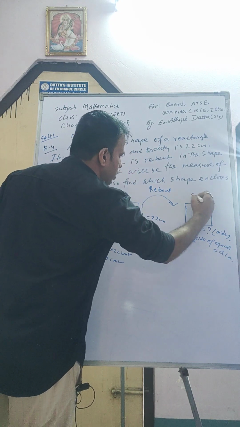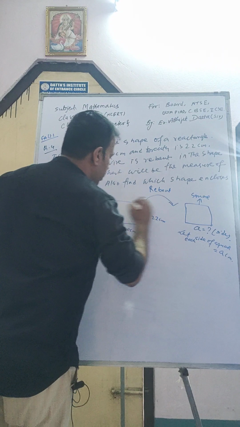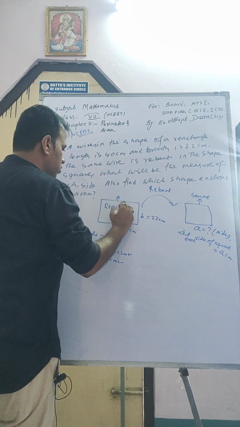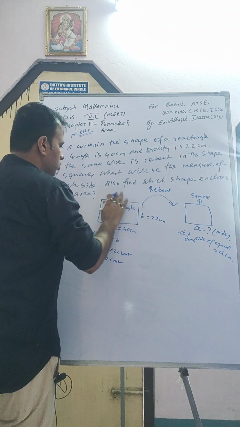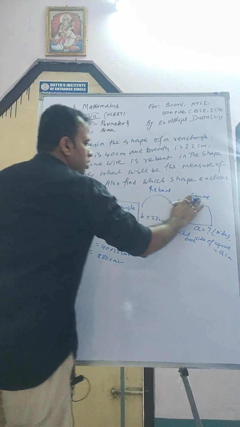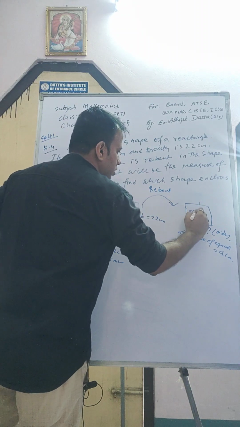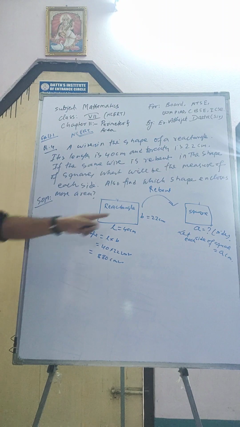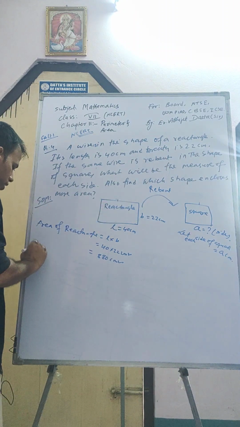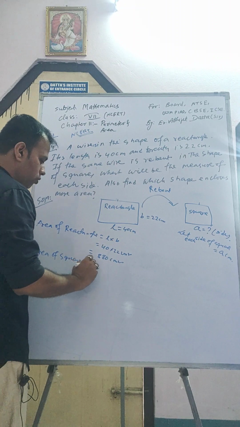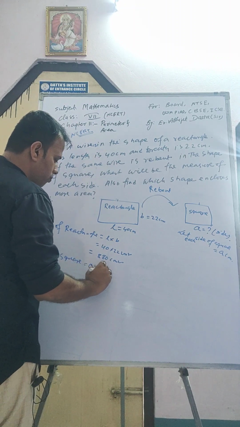This one is the rectangle and this one is the square. So the area of the square is equal to side square, that is a square centimeter square.